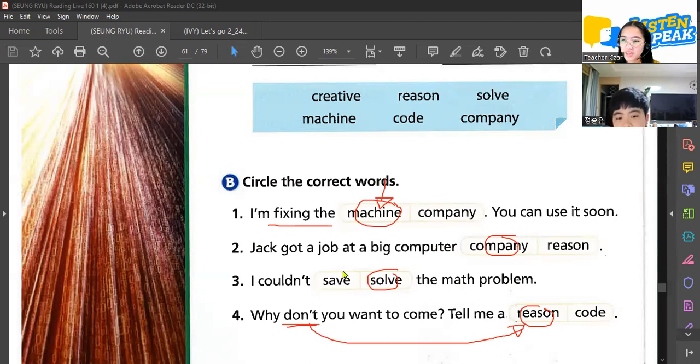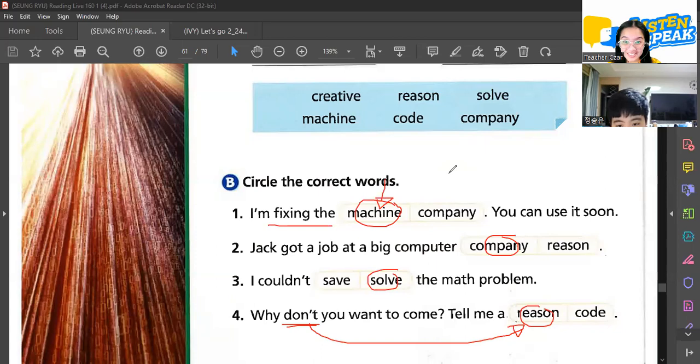Okay, so those are examples of machine. Also, dishwasher. Okay, this one, a dishwasher. That is also an example or a type of machine that makes our life easier. Okay. Do you have any questions?